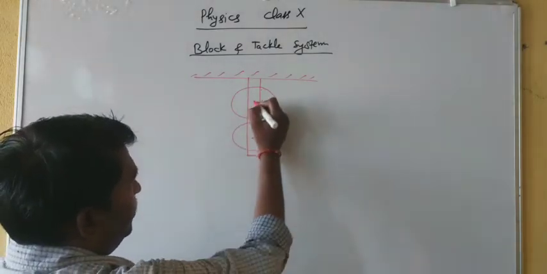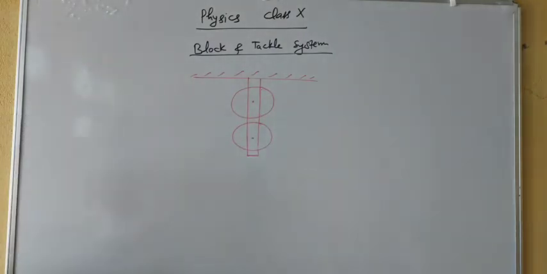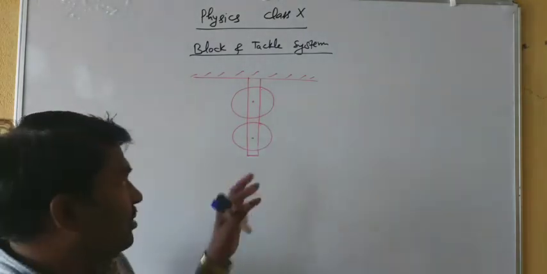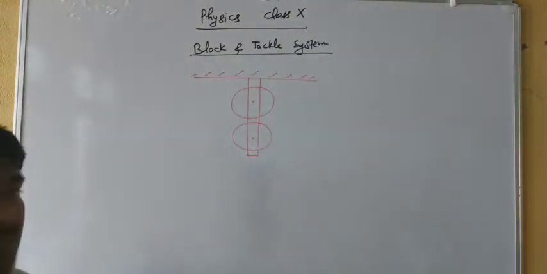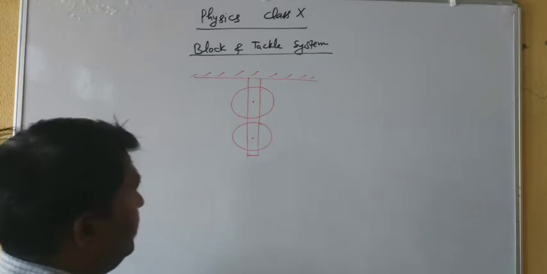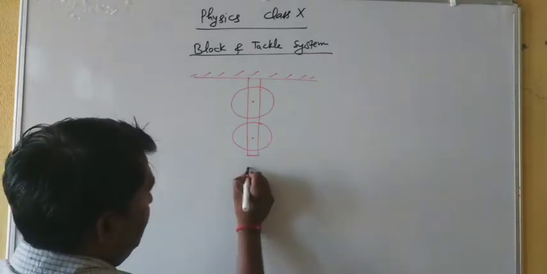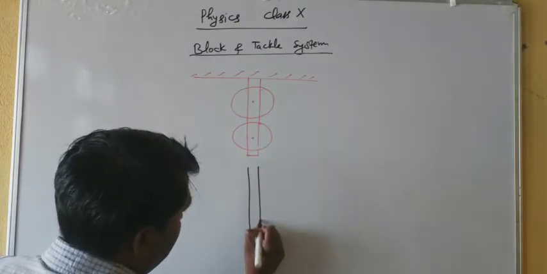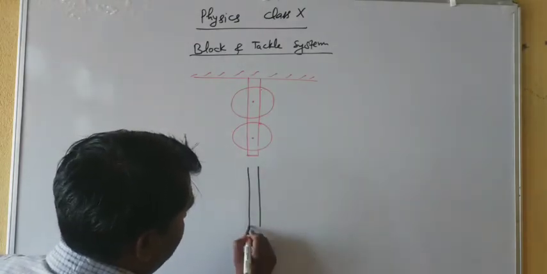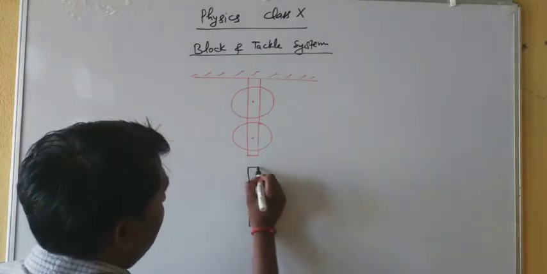There may be two pulleys or more than two pulleys. It is a block having pulleys which is attached with a rigid support, that is called the upper block, and there is another block on the lower side that is called the lower block.